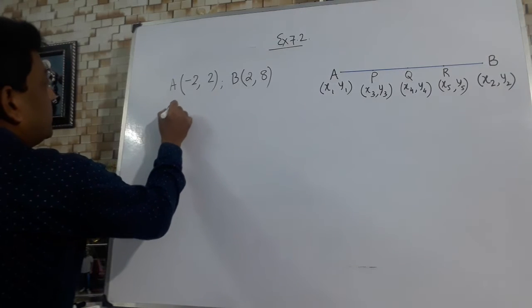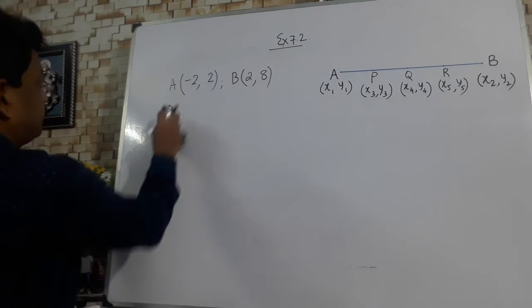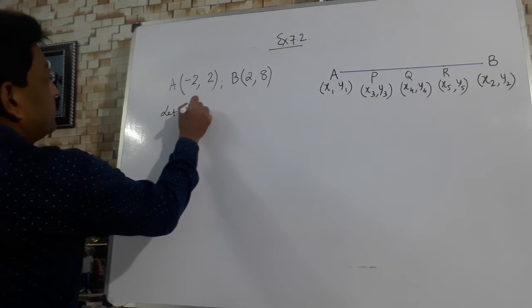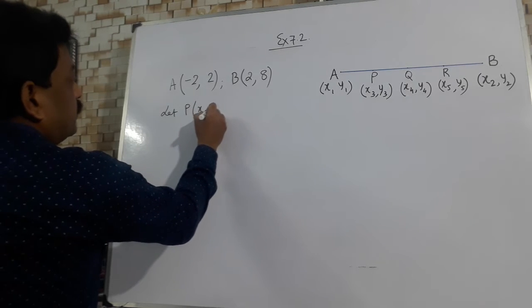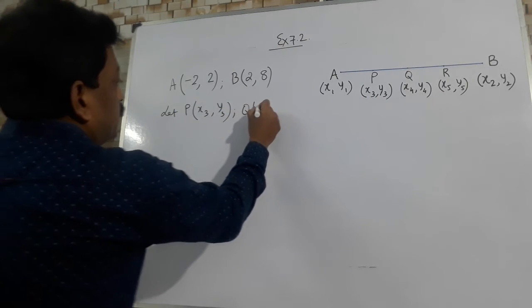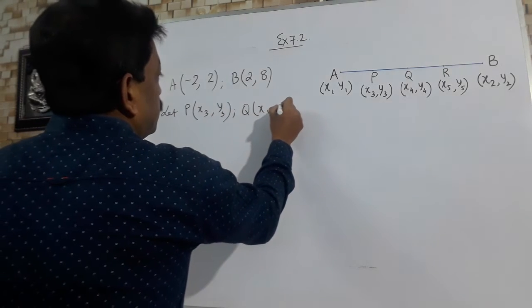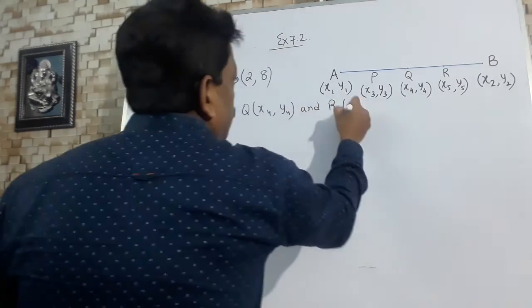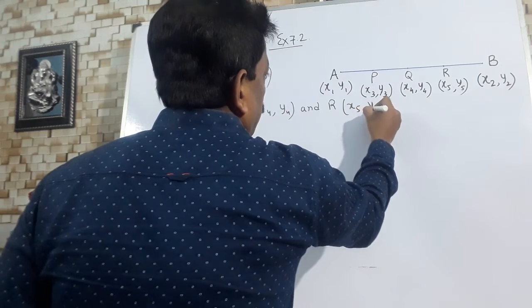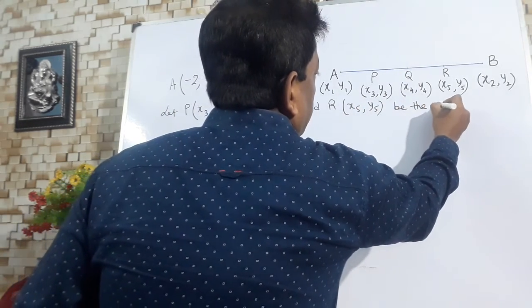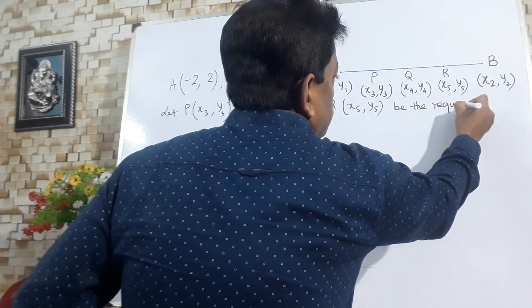So let P (x3, y3), Q (x4, y4) and R (x5, y5) be the required points.